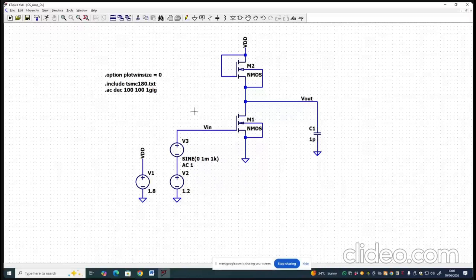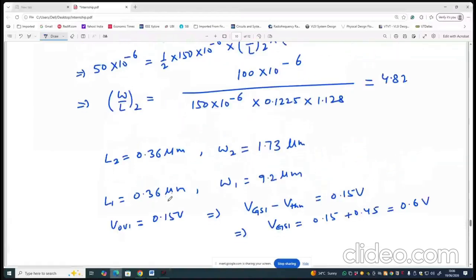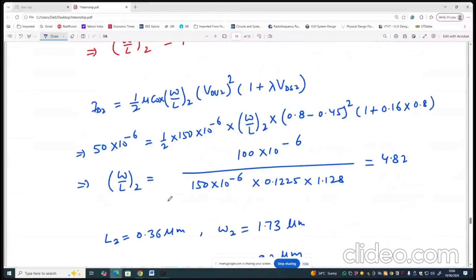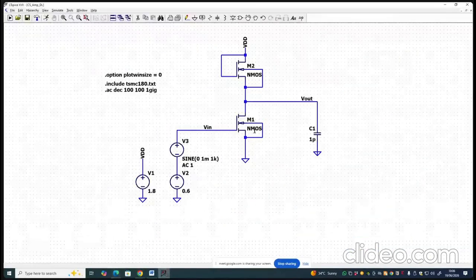Okay. So let's size the transistors. First of all, let me bias this, we found it to be 0.6, this bias voltage. Then the length and width of M1 we have found to be 9.2 micrometer.